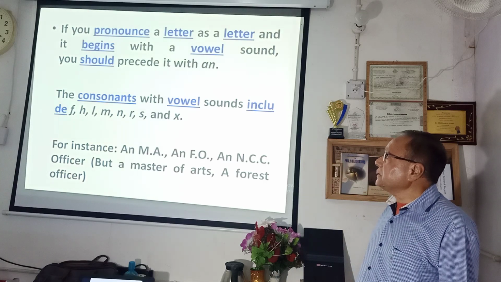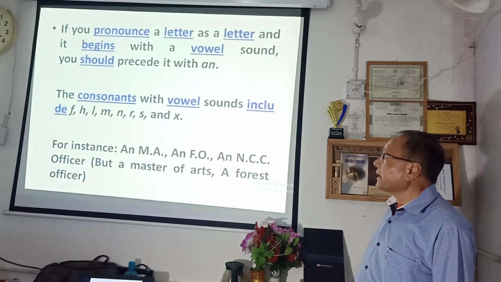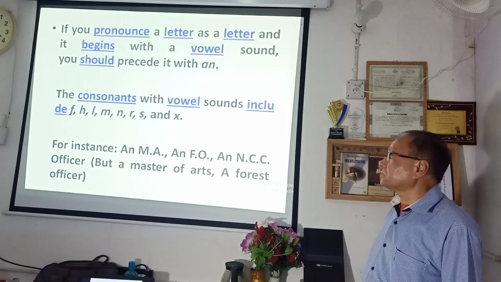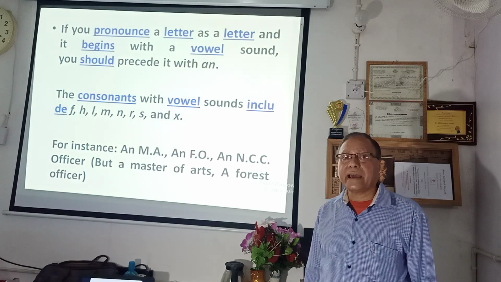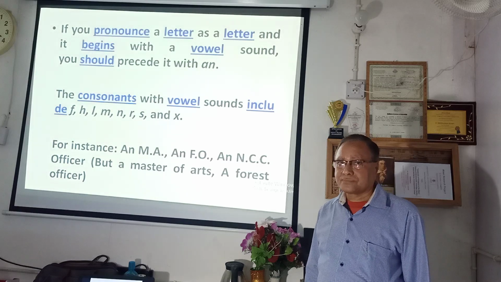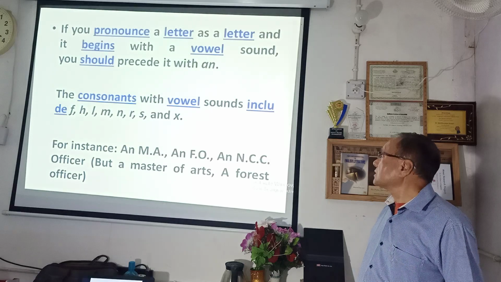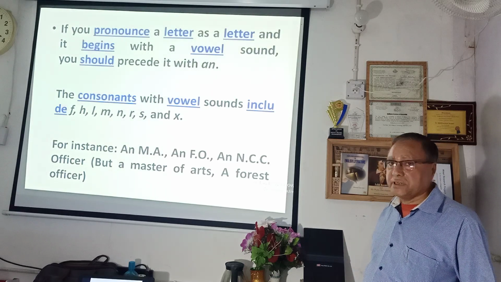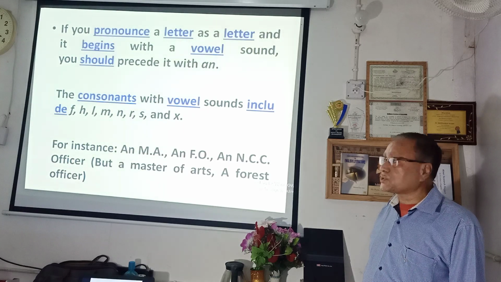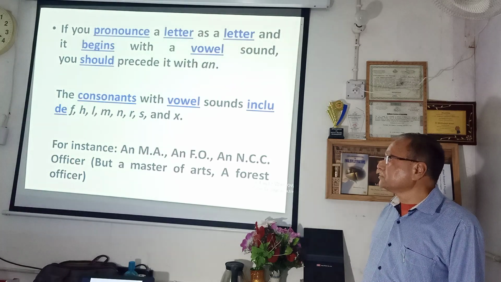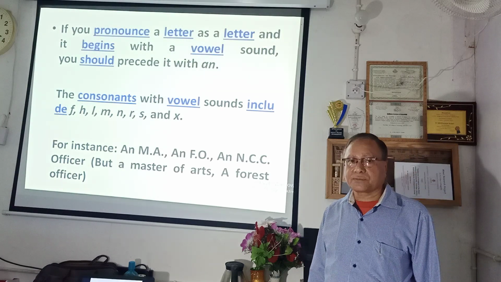Here the rule says, if you pronounce a letter as a letter and it begins with a vowel sound, you should precede it with an. The consonants with vowel sounds include F, H, L, M, N, R, S and X.